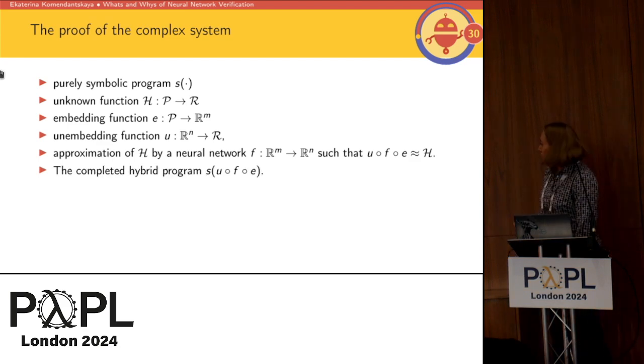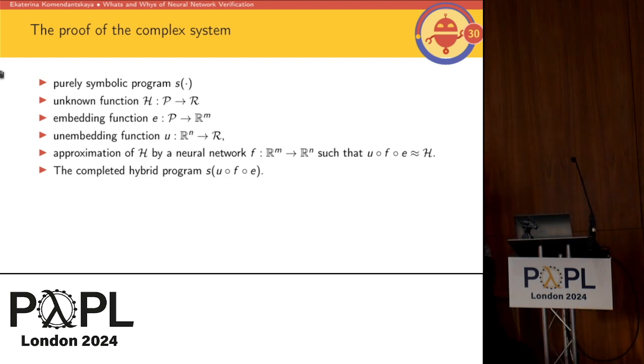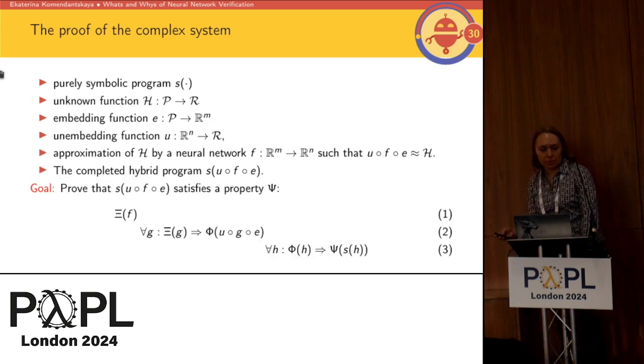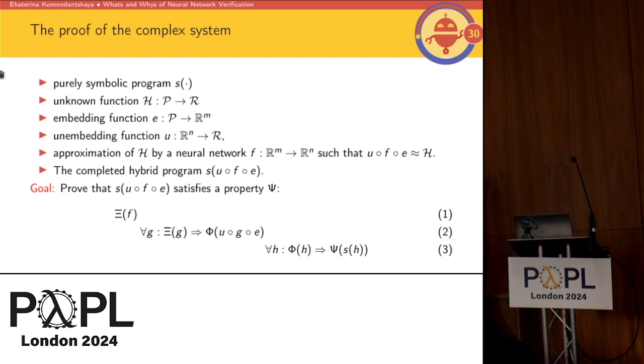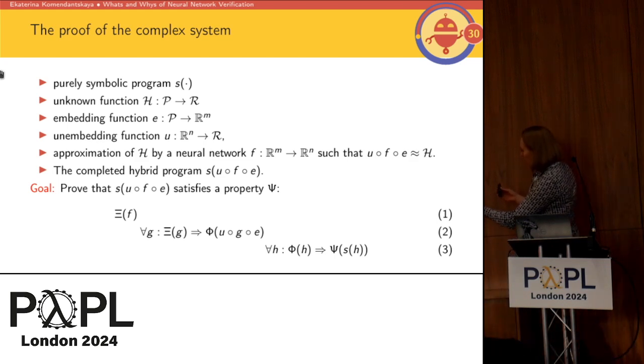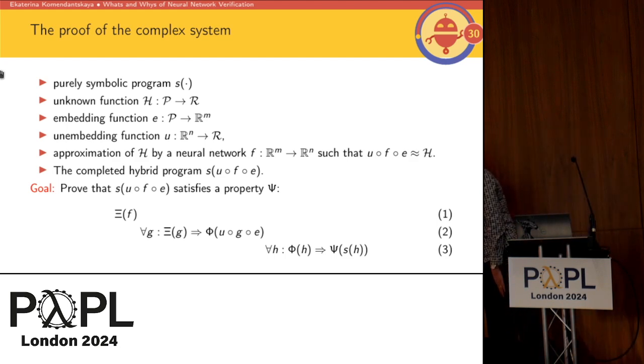And your complete hybrid program would look like this. So you have your standard software, and you have your neural network with embedding and unembedding parts. So if you wanted to prove that the overall system satisfies some desired property psi, you're essentially down to these three blocks. So let's have a look at the block at the bottom.